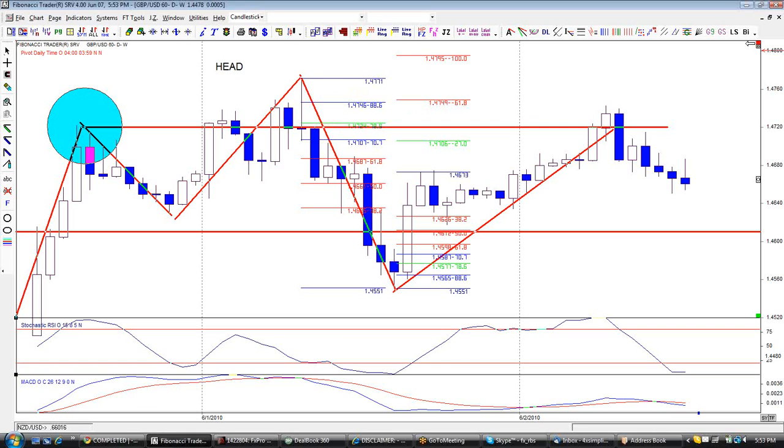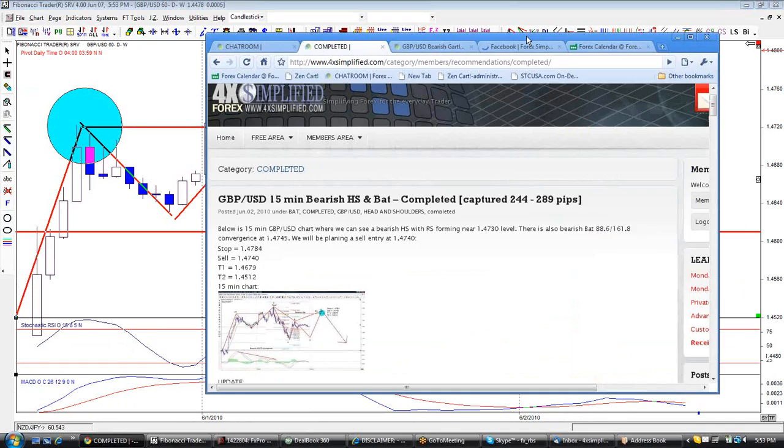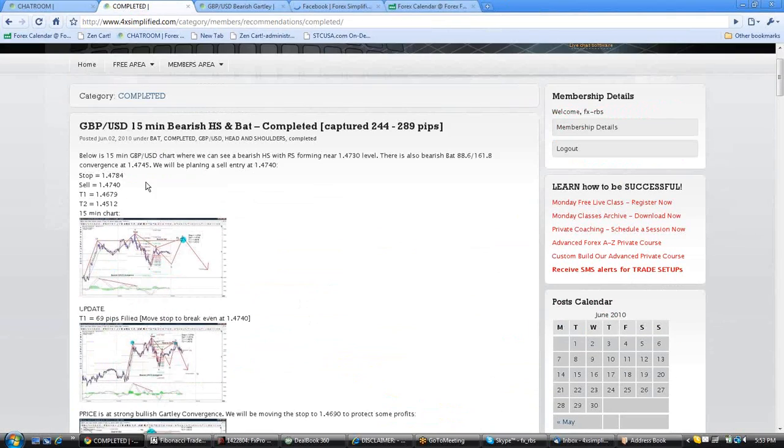So 47.40 was the sell entry. Here's how it looks on the website. We have sell at 147.40 with a stop 147.84, target 1 and target 2.